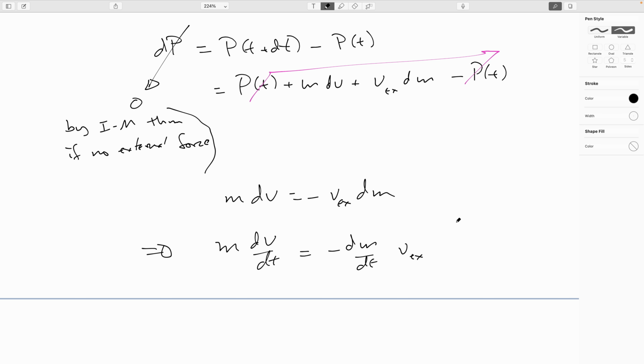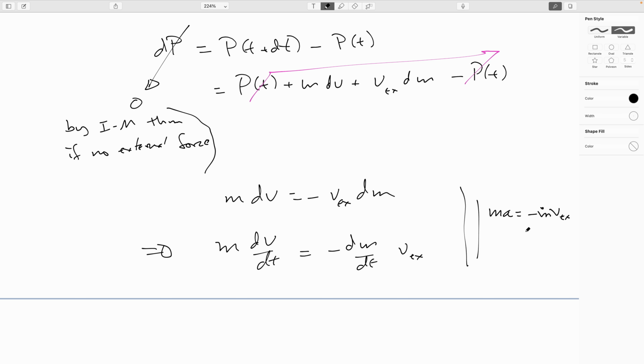Now, in physics, there's a special notation. Whenever we differentiate anything with respect to time, we usually write that with a dot. So I just thought I would mention that off to the side. So here we can say ma equals minus m dot v exhaust. Now I look at this as from Newton's second law.